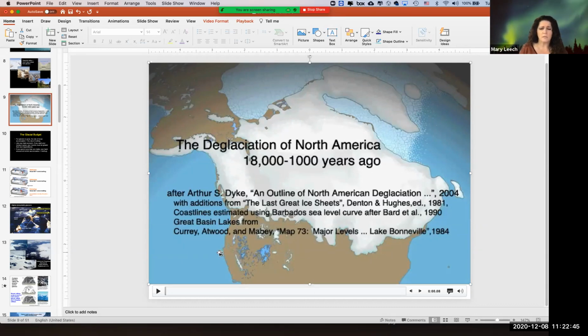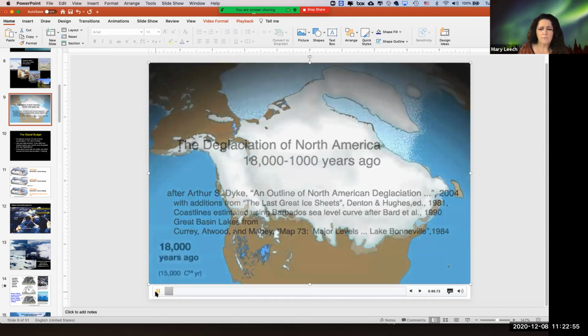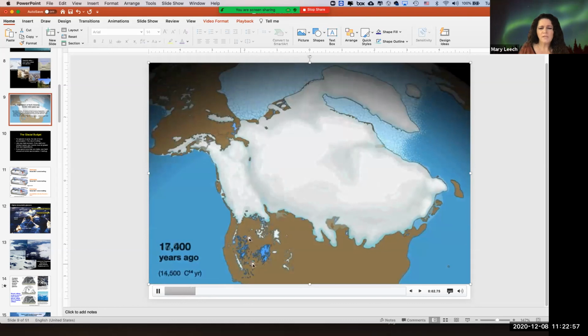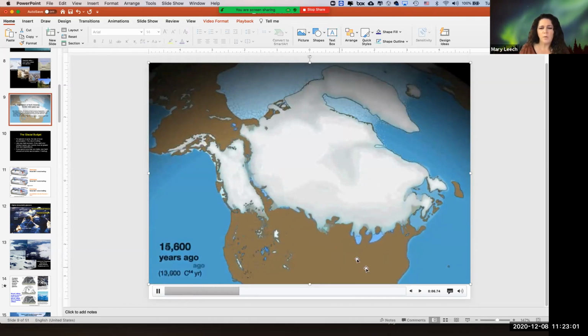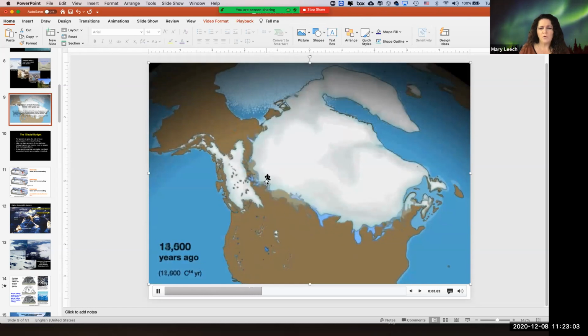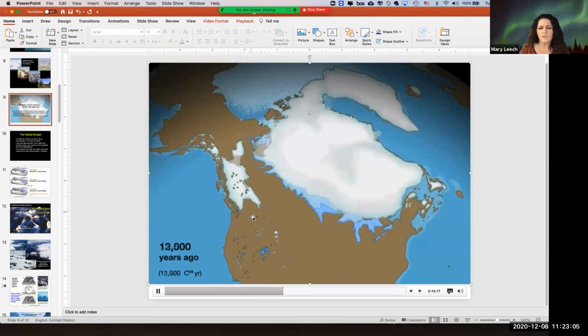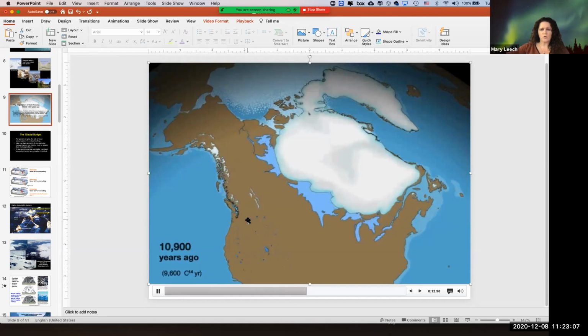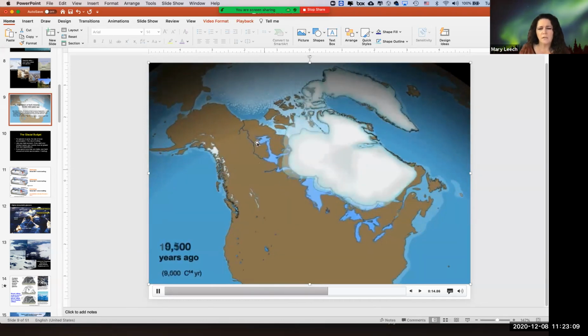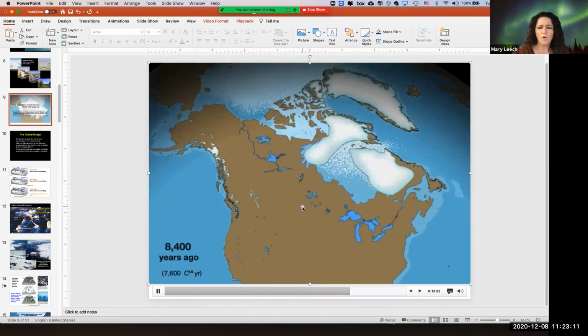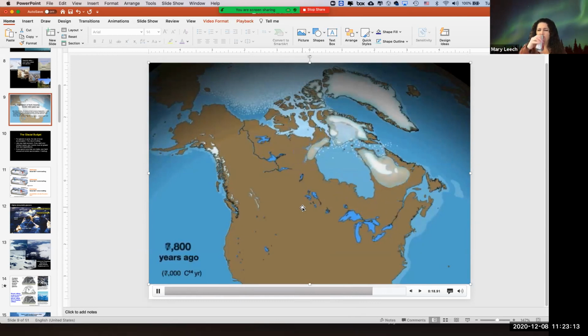Most of it is on an indigenous reservation, but I want to show this again. Okay, so the lakes are going to dry up. The Alpine glaciers in the Sierra Nevada are going to dry up. And then, of course, the Continental Glacier is going to recede back across Canada. All these lakes are forming and then drying up.